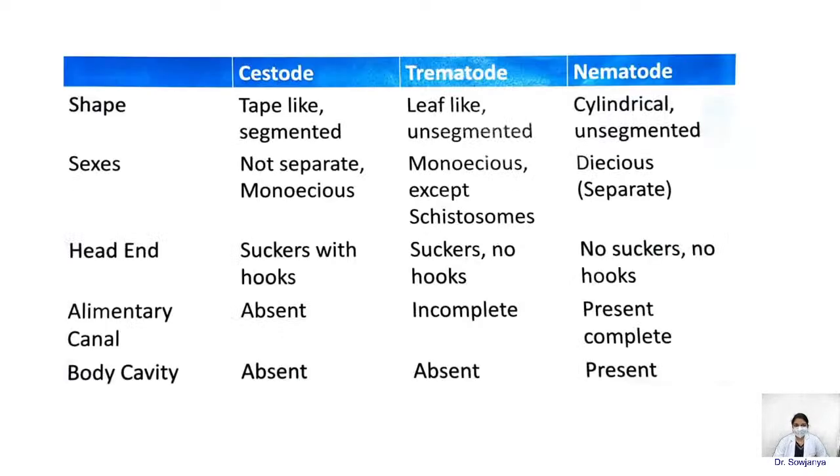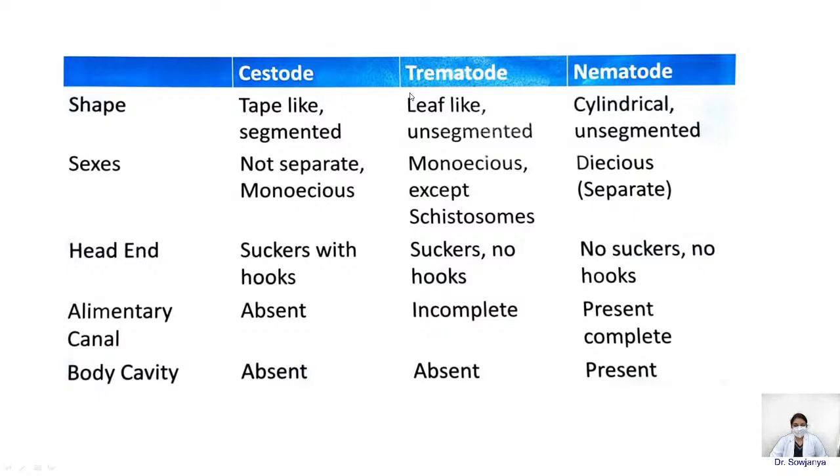Their body is divided into head, neck, and the body. So how do we differentiate cestodes, trematodes, and nematodes? As I said, cestodes and trematodes come under platyhelminths, and nematodes are nematohelminths.